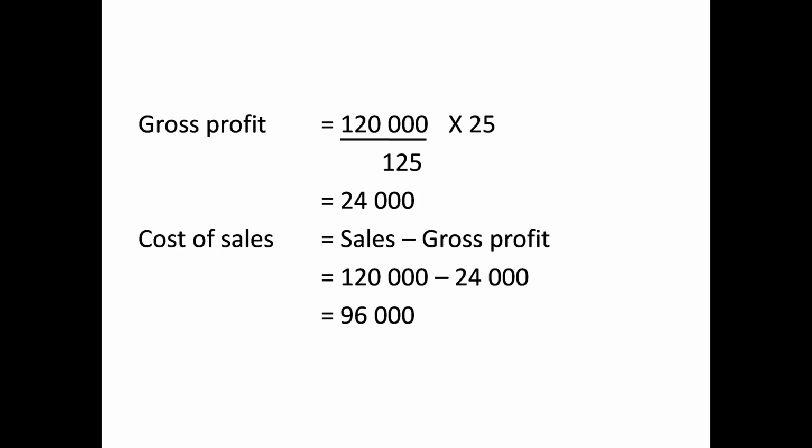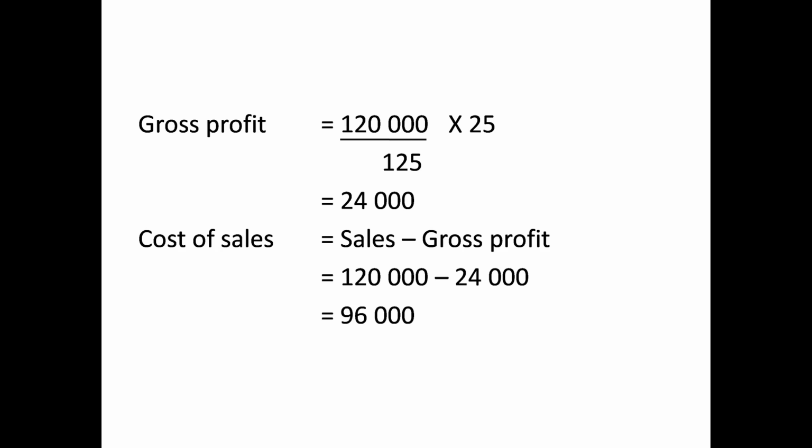Then we are going to calculate the gross profit like this. Actual sales value 120,000 divided by the assumption sales value, that was 125, multiplied by 25, the assumption gross profit value.